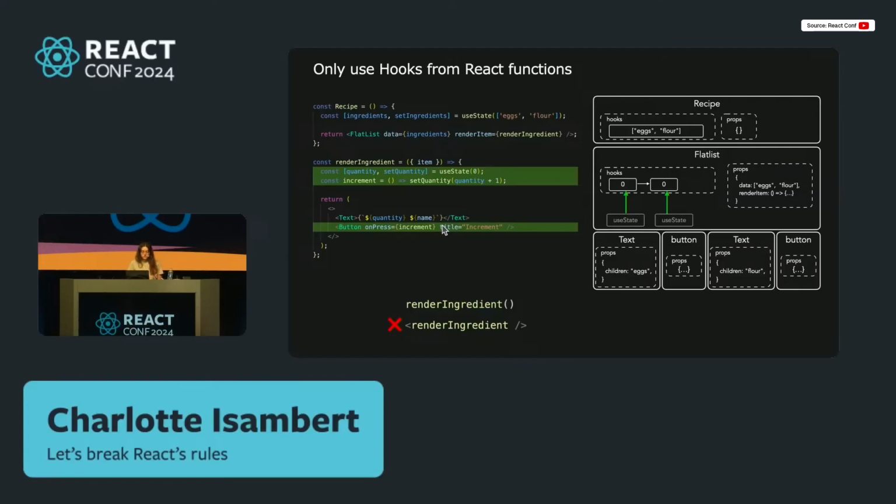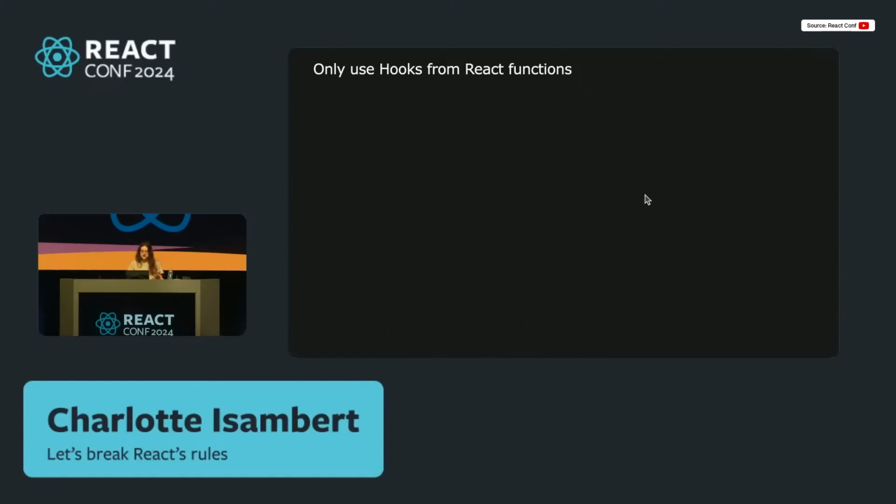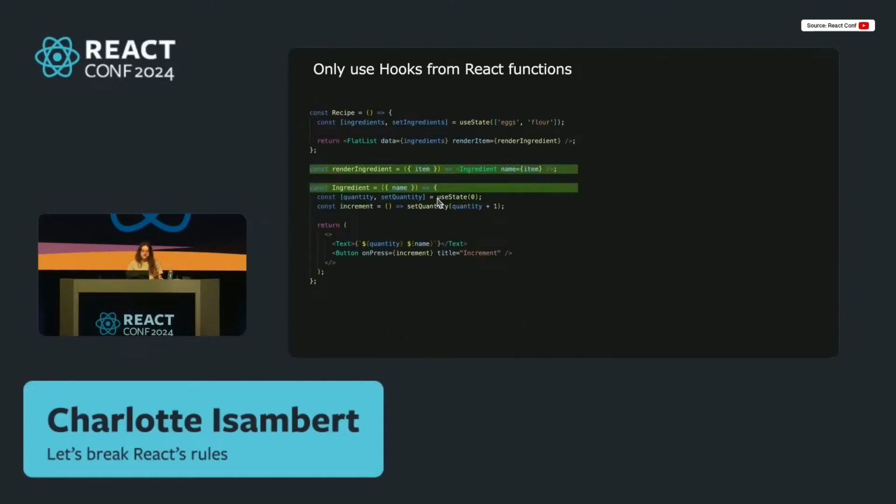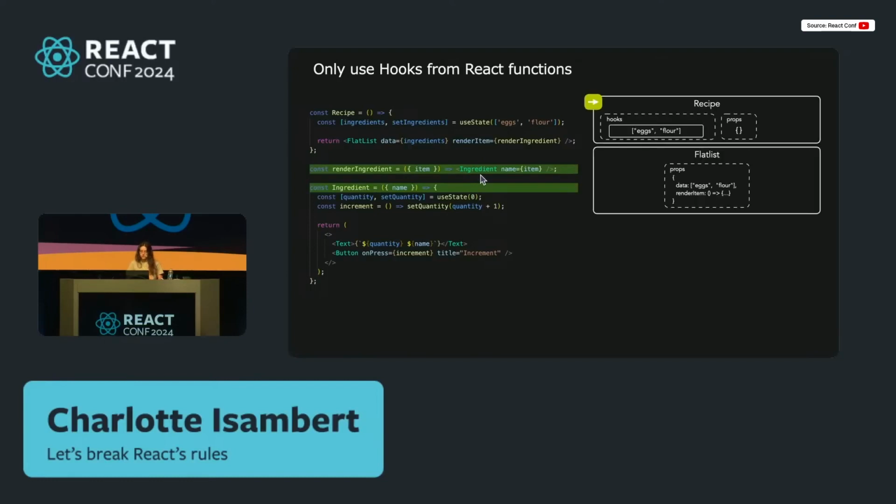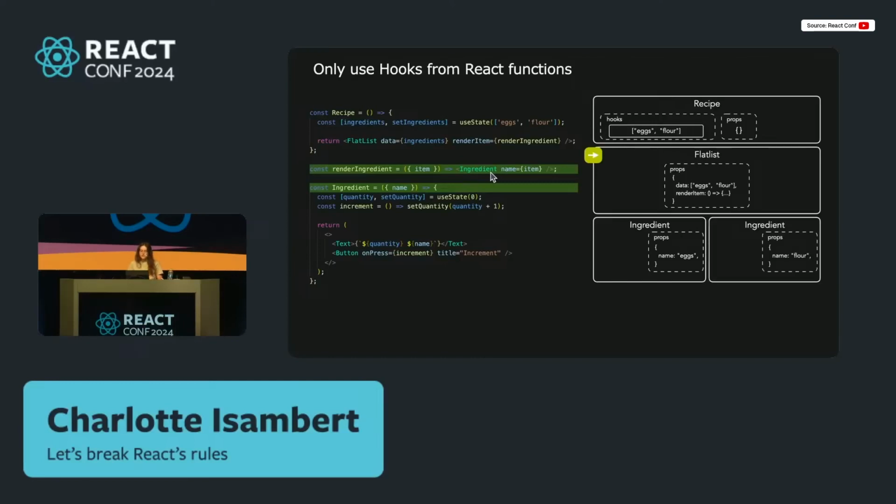And from this code, with the useStates stored below this render ingredient function, this is definitely not the tree that I would have pictured. Instead, if we had properly added our state inside an ingredient component that we call with this JSX syntax, the tree would be much different. When the FlatList is rendered, it will call the render function first with eggs, so we would have this ingredient fiber because of the JSX syntax, and then with flour.